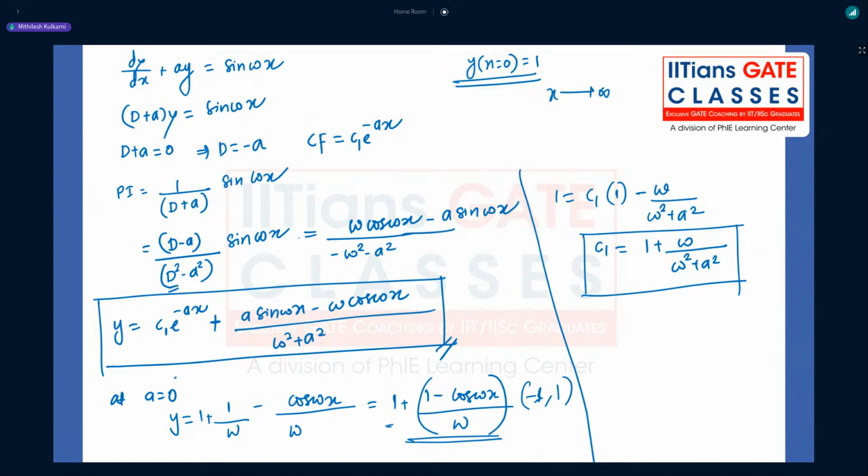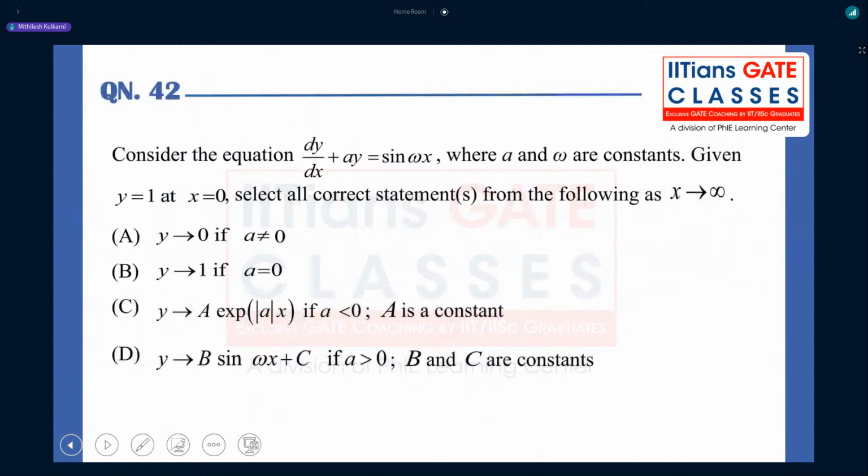If it is, let's say, -1, then minus minus will become plus, so 2 divided by omega, so this term will no longer be equal to 1. So that is the reason we can say that this option is incorrect, a is equal to 0, y is tending to 1. Okay, so we can remove it.